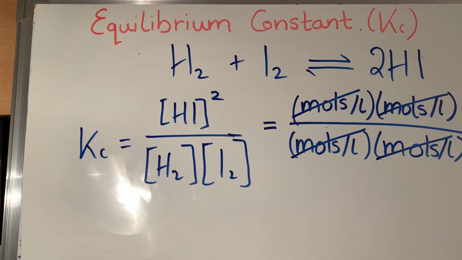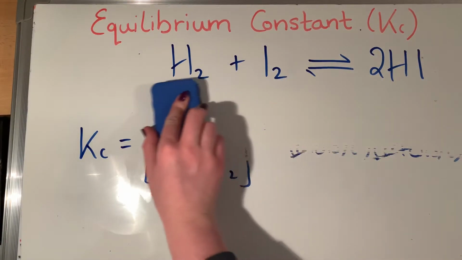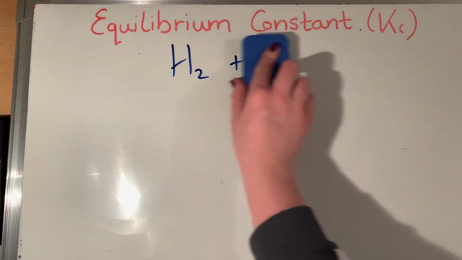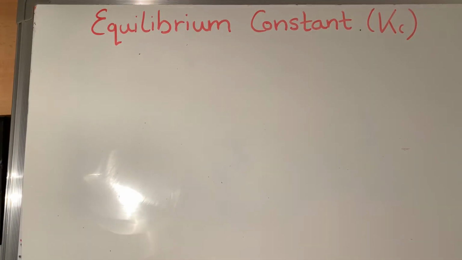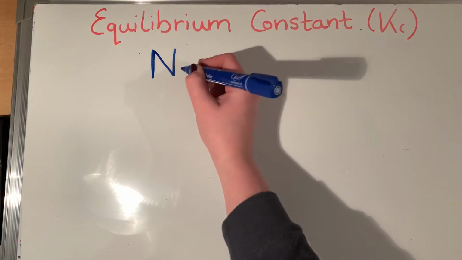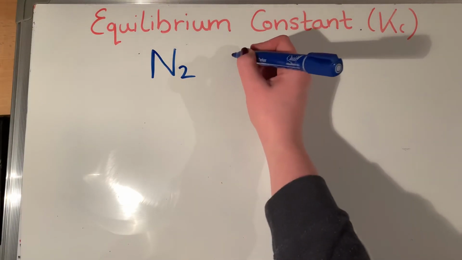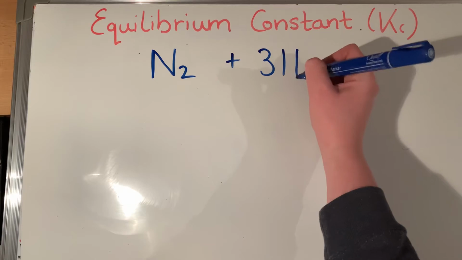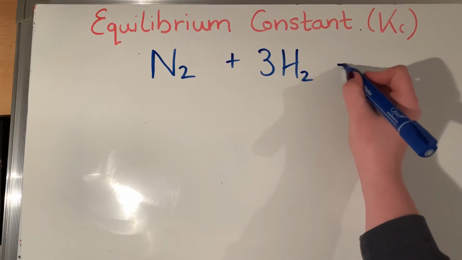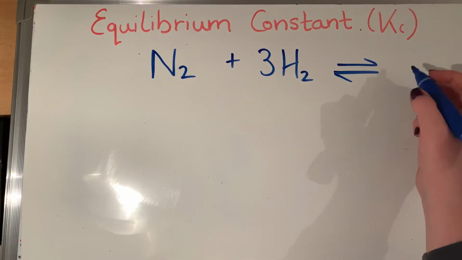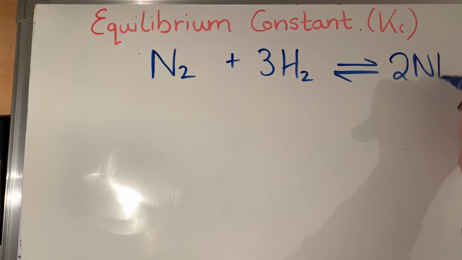So as you'll see then, we can look at a different example where we will have units. So let's have a look at another example. So we'll take the one for ammonia. So N2 plus 3H2, which goes to 2NH3.